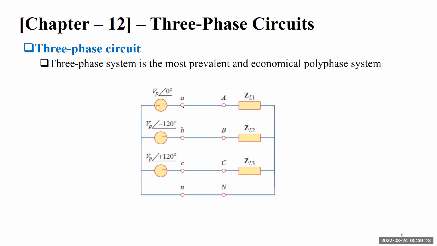The voltage source at phase A, between phase A and neutral, is VP angle of 0. The voltage at phase B is VP angle of minus 120, and the voltage at phase C is VP angle of plus 120, or it can also be called VP angle of minus 240 degrees.